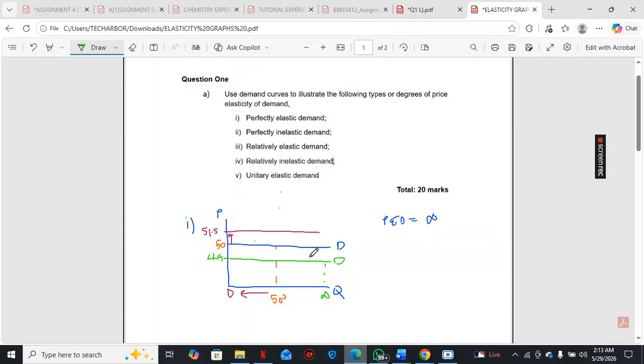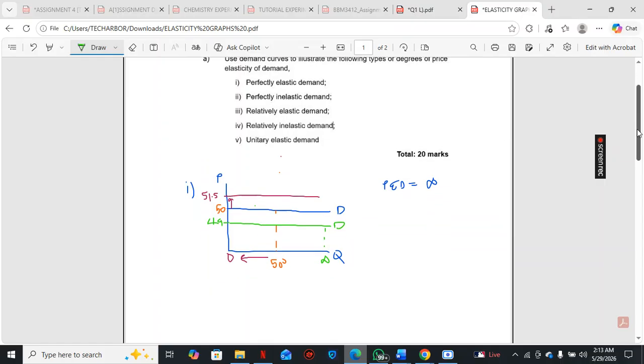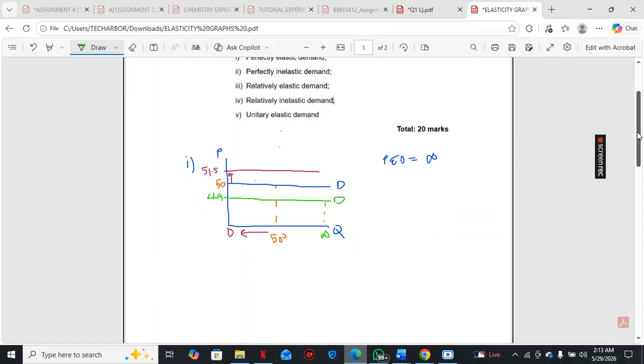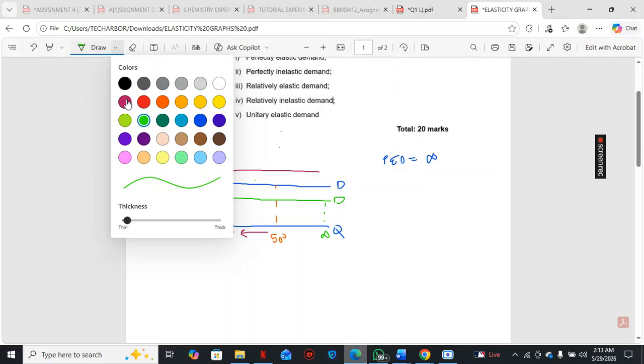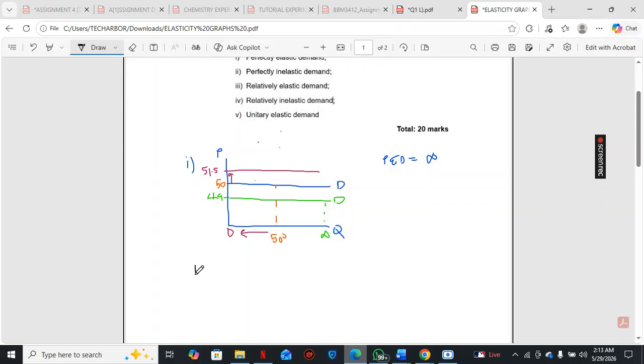The next, we're going to look at perfectly inelastic demand. In this case, demand is not sensitive and it doesn't respond to changes in price. When you increase the price, demand is not going to change. It's just going to stay the same.